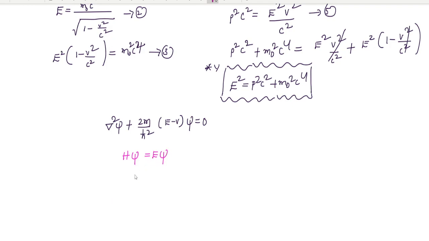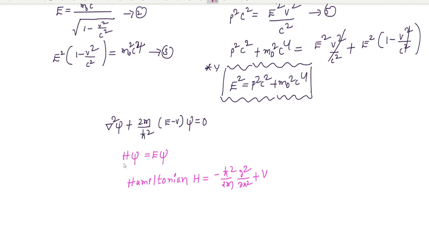Here the Hamiltonian of the system is H equals minus h cross square divided by 2m dou square divided by dou x square plus potential energy.